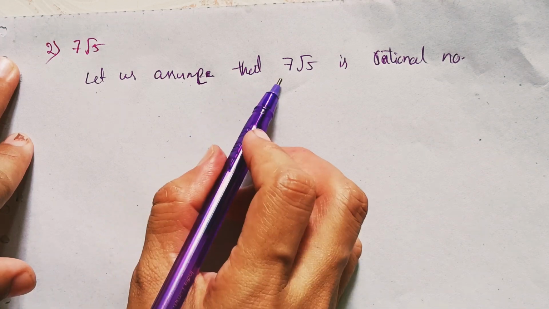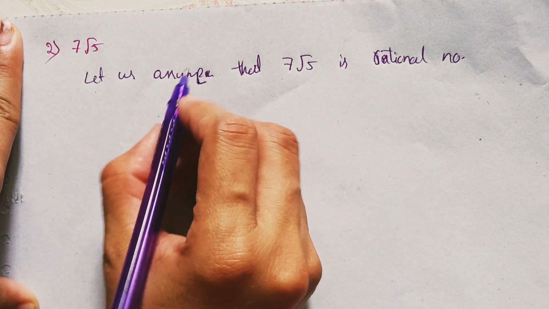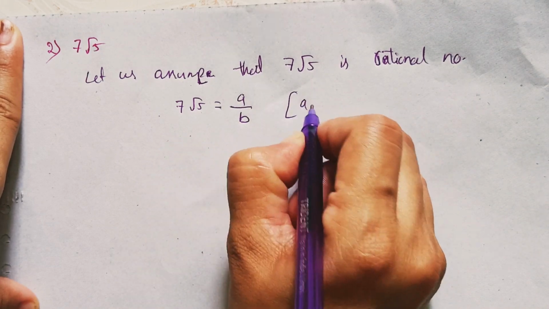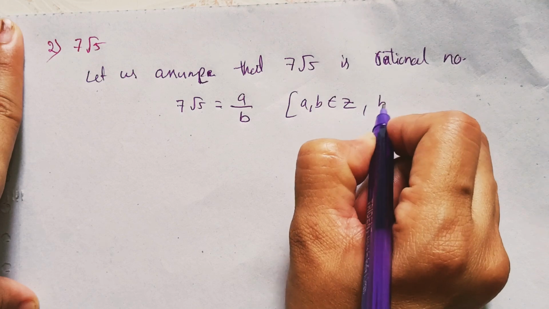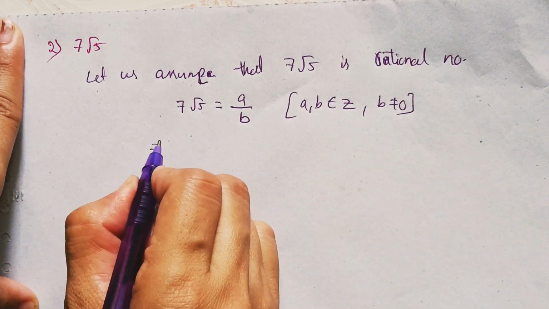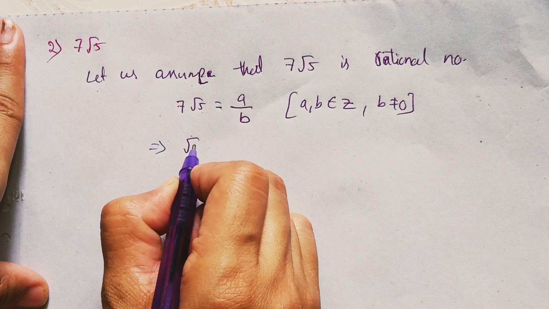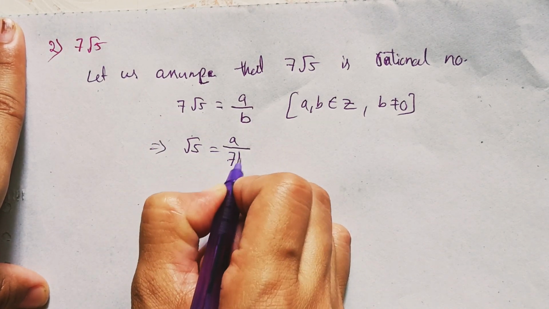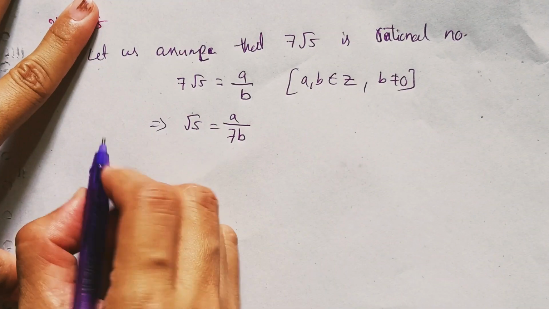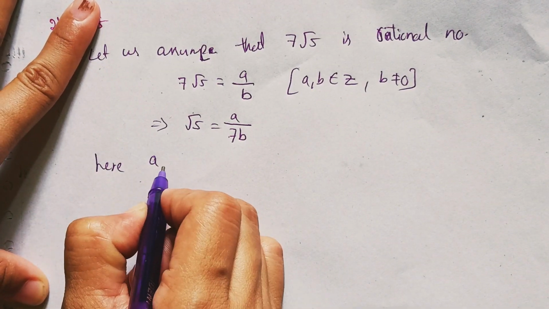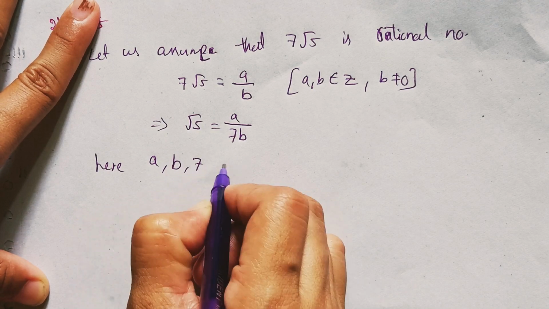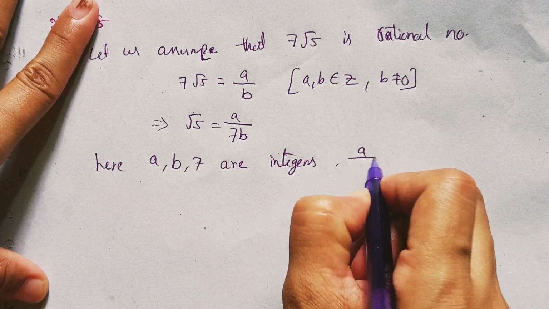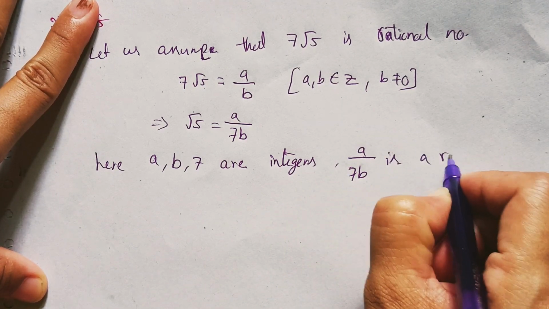Then 7 root 5 equals a by b, where a, b belong to Z and b not equal to 0. Then I take root 5 and send this 7 to that side, so it becomes a by 7b. If you observe, a, b, 7 are integers, so a by 7b is a rational number.